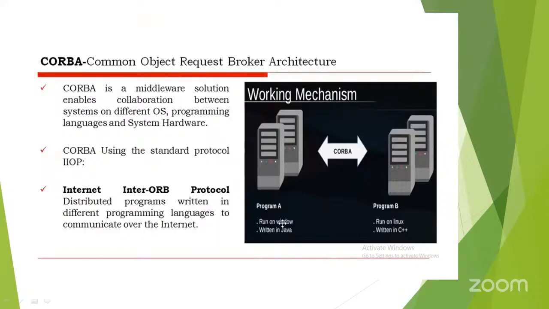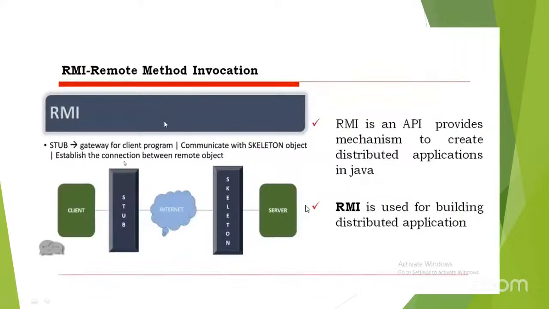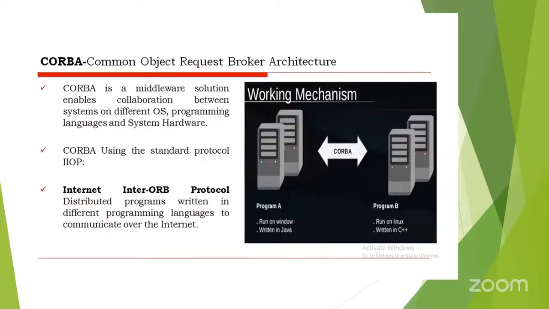Program A may be running on Windows and written in Java. So on Windows a program is running, whereas the program is written in Java.